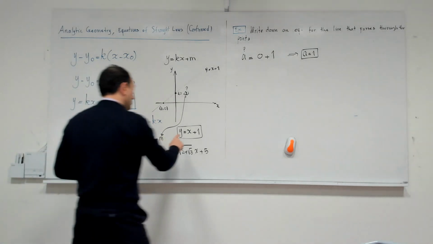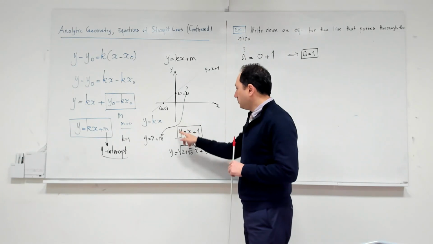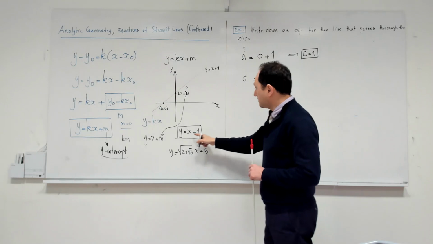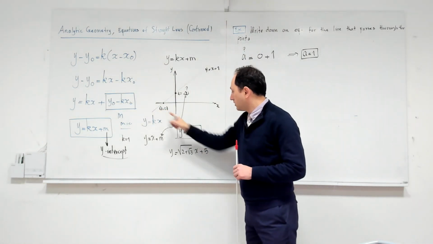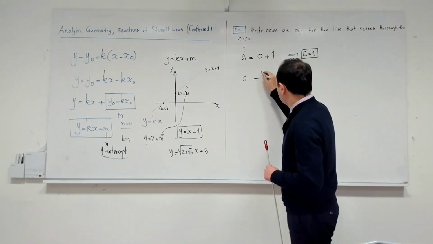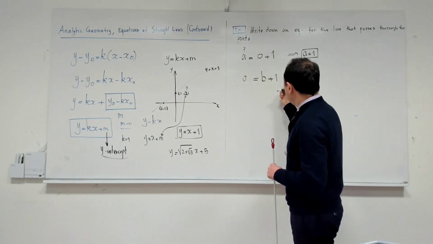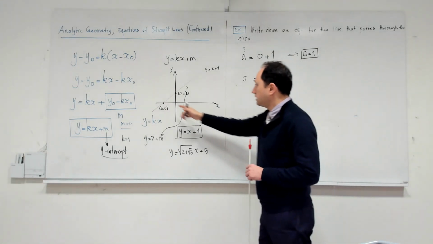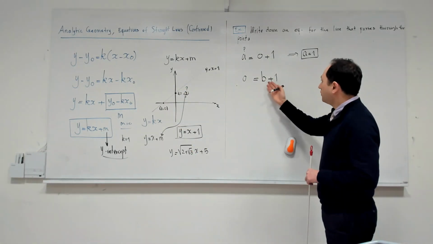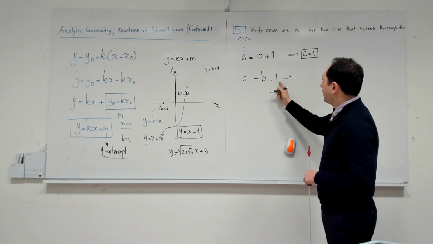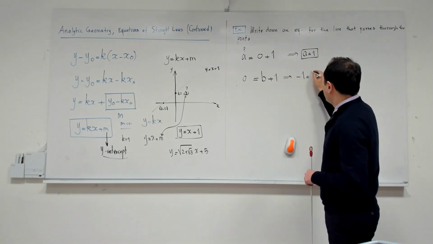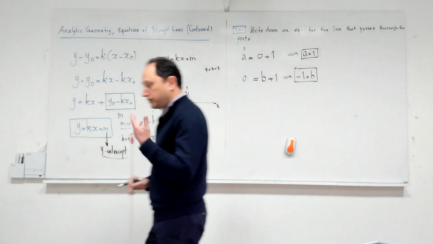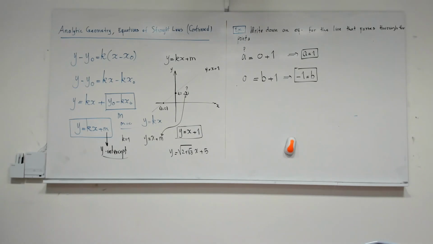I go to the equation of the line, replace the Y value with the Y coordinate, replace X with the X coordinate, and then plus 1. This should hold. If someone asks you why this equality should be there, it is because you say that this point is on the line. And then the only unknown here is B. I move it to the other side, so this becomes minus 1.